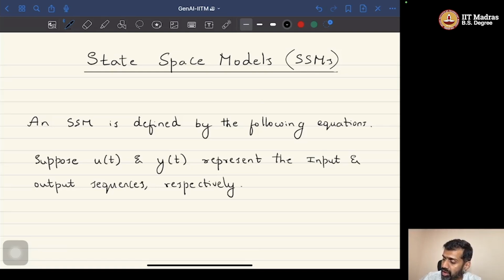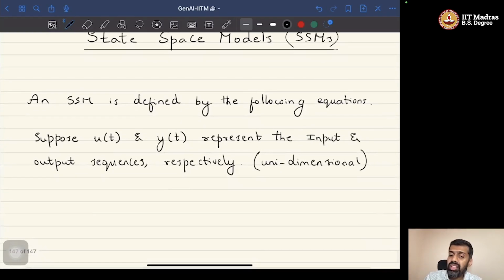Both of these are unidimensional, which will make the algebra easier. Later in the session, I will discuss how to extend this to multidimensional sequences. So we have an input sequence represented as u(t) and y(t) represents the output sequence, and both of them are one-dimensional signals.